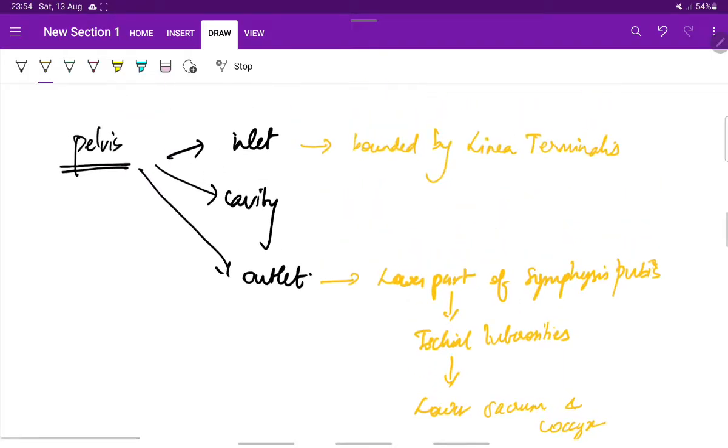So this is the pelvic outlet, and in between the inlet and the outlet lies the cavity, which is cylindrical in shape, as we have already seen.